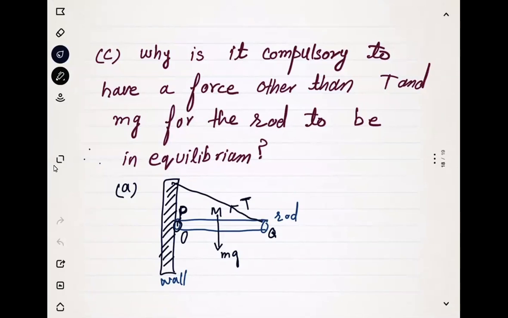The forces are T and mg, and the third force will be acting at the point of contact between the wall and the rod.